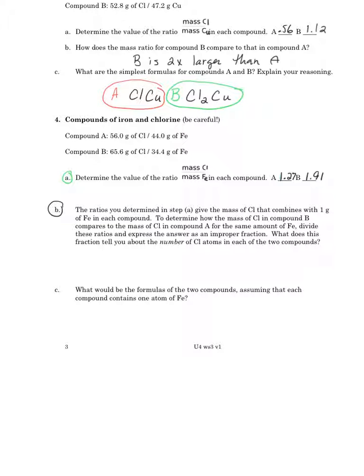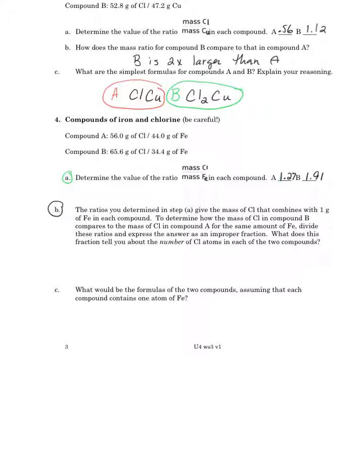To determine how the mass of chlorine in compound B compares to compound A for the same amount of iron, divide these ratios and express the answer as an improper fraction. What does this fraction tell you about the number of chlorine atoms in each of the 2 compounds?